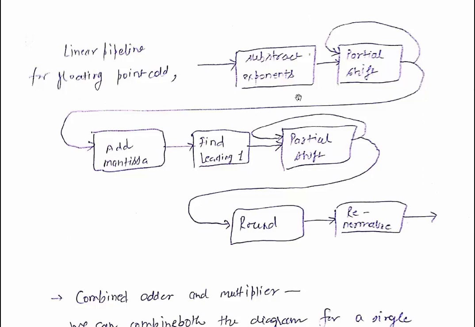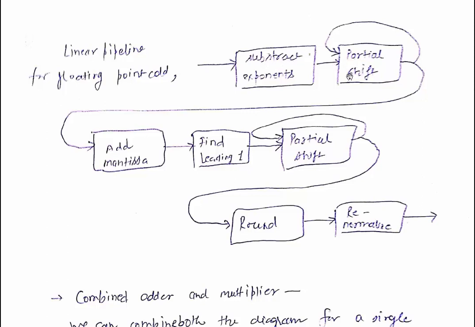First you have to subtract the exponents, which means you have to compare the exponents. So let's say you have to add 0.1 times 10 raised to the power 4 and 0.35 times 10 raised to the power 2. First you have to compare the exponents. This is your subtract exponent, or exponent comparison.